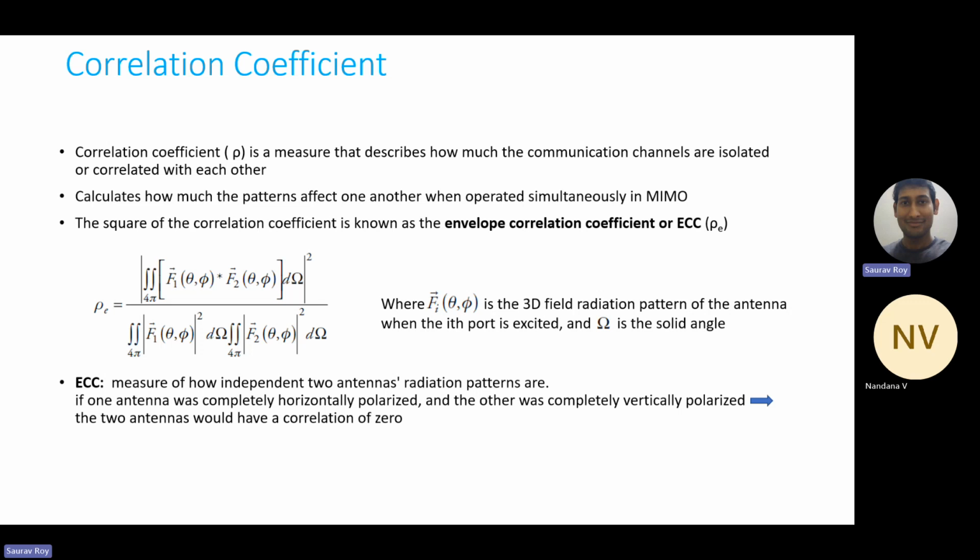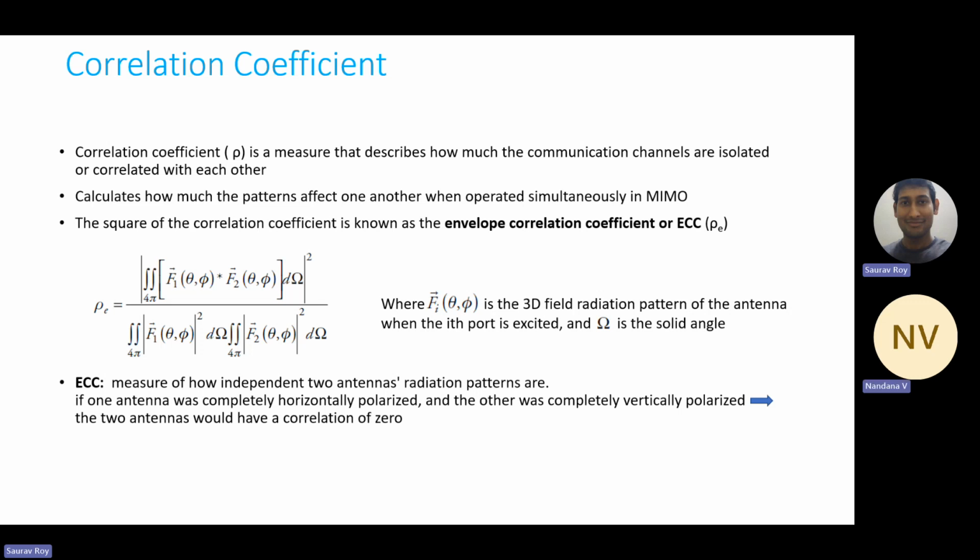If you go to CST, there are options there to measure ECC. They give you the option to compute the correlation coefficient from your antenna simulation radiation patterns. So ECC measures how independent two antennas' radiation patterns are. If one antenna is completely horizontally polarized and the other antenna is completely vertically polarized, the two antennas have a correlation of 0.